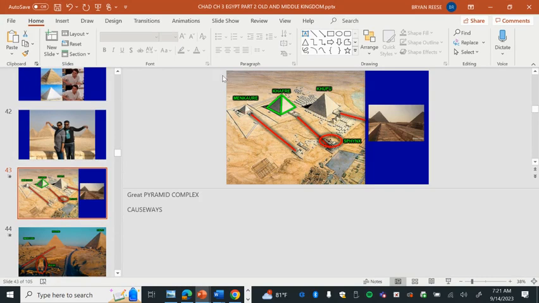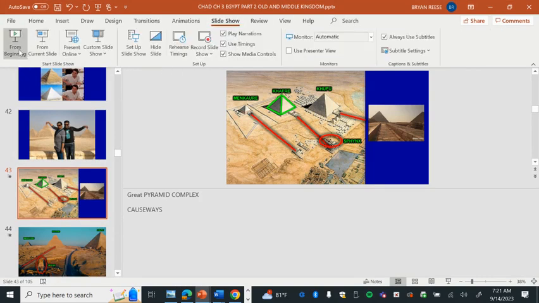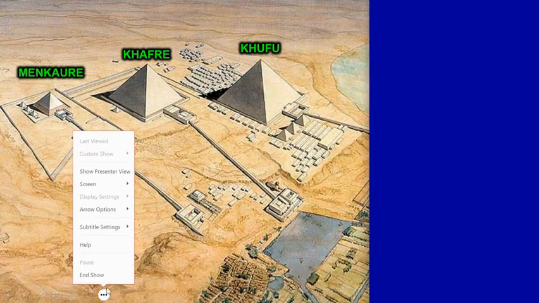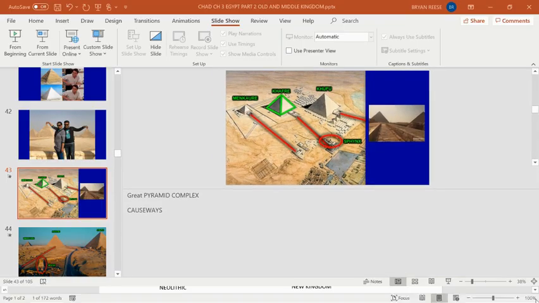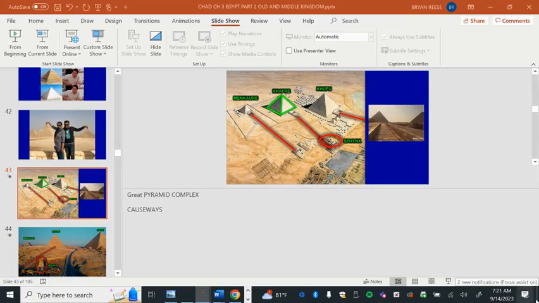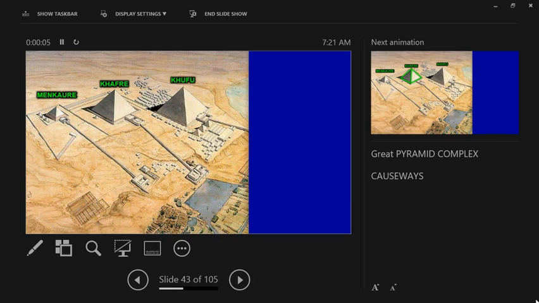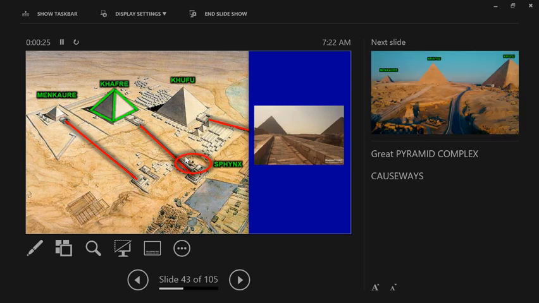I think we left off with the Sphinx. At the pyramids of Giza, there are 3 pyramids, and at the causeway coming from the Khafre pyramid, we have the Sphinx.